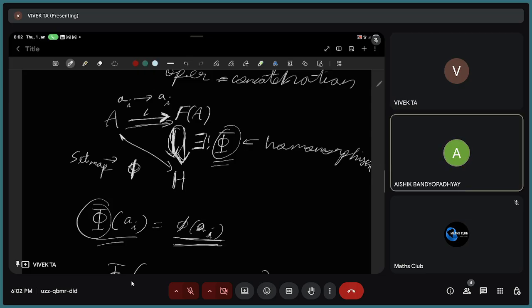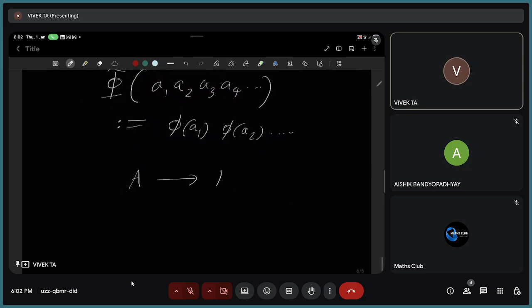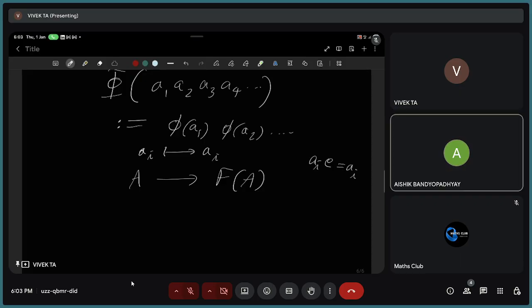Not quite, I think. So essentially, the map from A to F of A is direct, right? It's just because elements of A are just ai, and ai goes to ai in F of A. ai itself is a word in F of A, right? Yeah, but then which one is the A inverse?